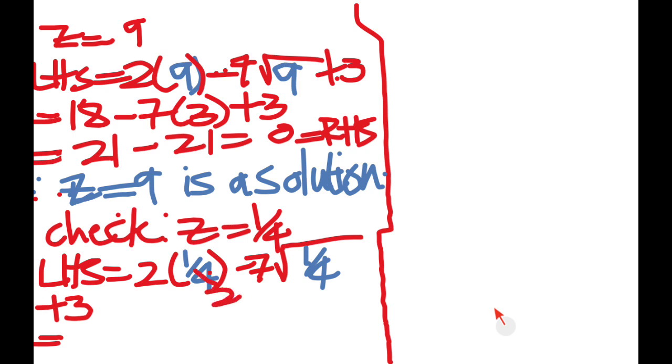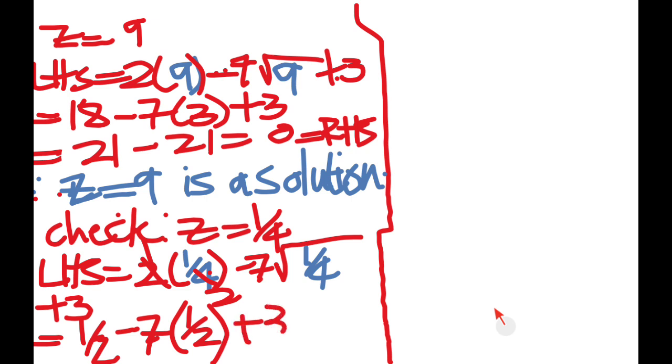So that is 2 over there, that is 1, so you're left with 1 over 2, 1 half, minus 7 times the square root of 1 over 4, that's 1 over 2, plus 3, which is equal to a half minus 7 halves, 7 over 2, plus 3.